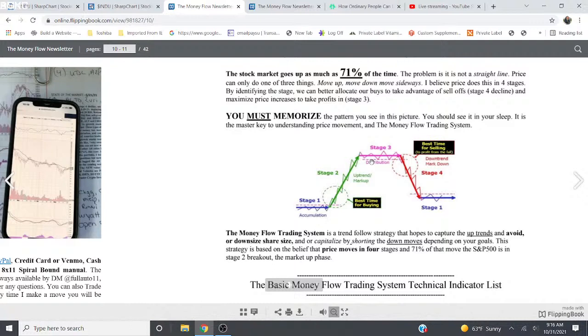Now, some things don't. Oil is a commodity. Commodity is a different game. Commodities go up and down based on supply and demand. But goods and services, because the input component parts go up and the cost of wages goes up, everything goes up over time. Well, the same effect happens to the stock market.